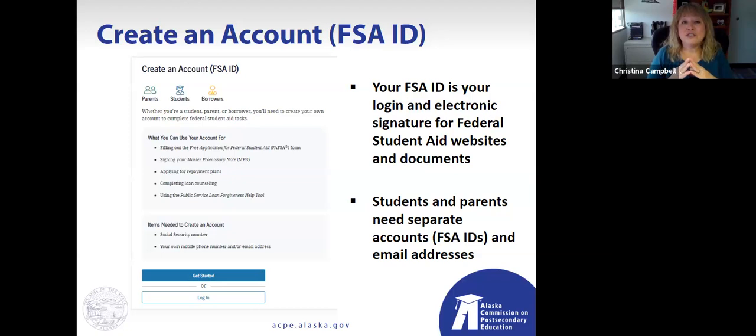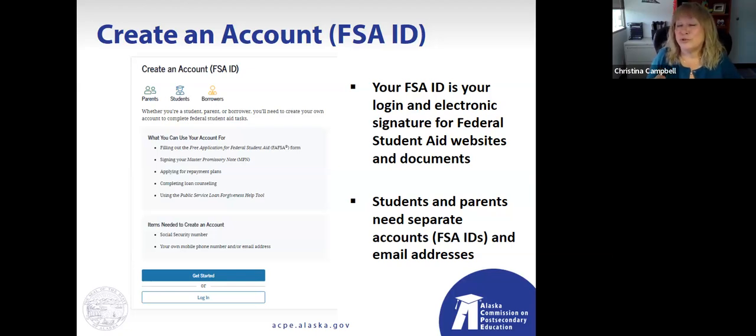Now, odds are going to be very high that if parents have ever had a loan, a grant, a scholarship, or some sort of financial aid, they already have an account. So parents will more than likely already have accounts. If they do, they don't have to go through that waiting period.